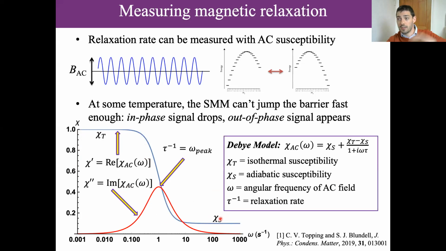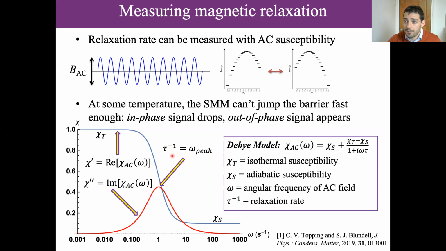The system is not able to exchange energy. Sorry, I should say the chi-T here at low frequencies is the equilibrium or isothermal susceptibility. And then the out-of-phase peaks when you have this condition, and from this peak we can measure the relaxation rate.